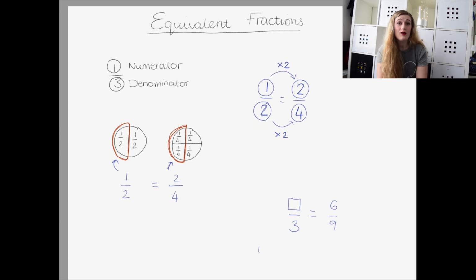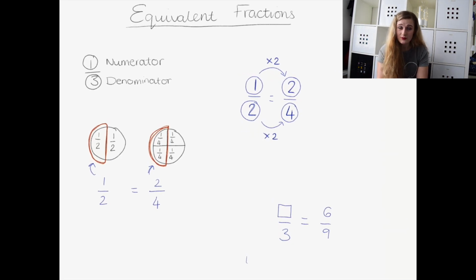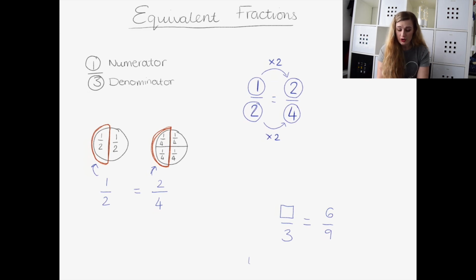This is where we can use that knowledge of what we have to do with our numerator and our denominator to help us. So I'm not going to look at my numerators because that's where I've got my blank. I don't need to look at that one because it's not going to help me in any way.